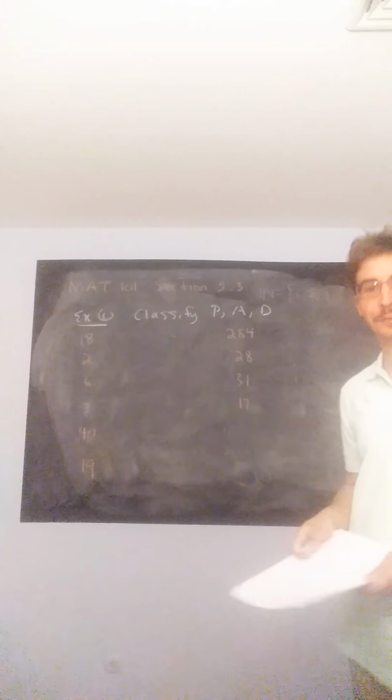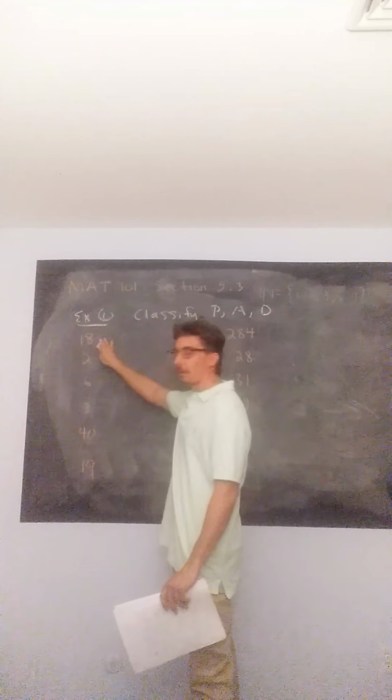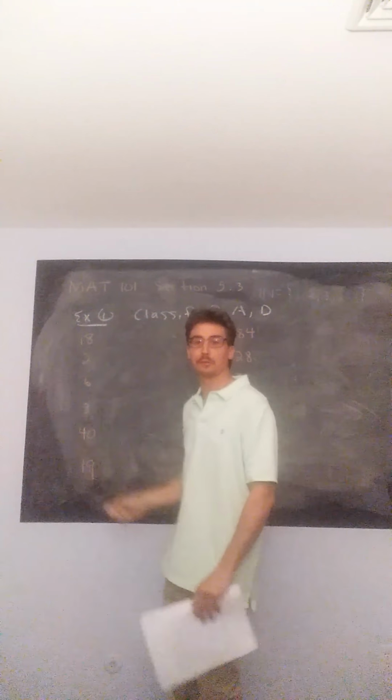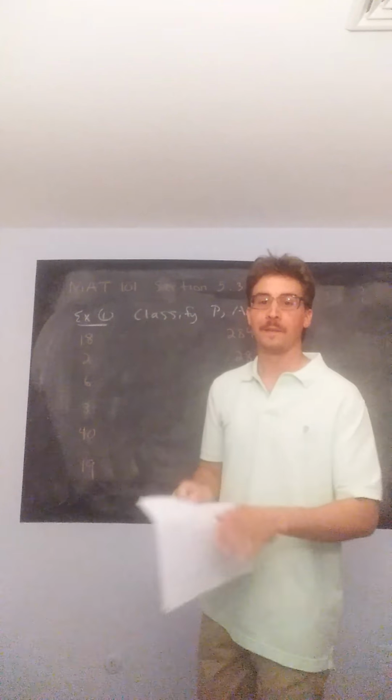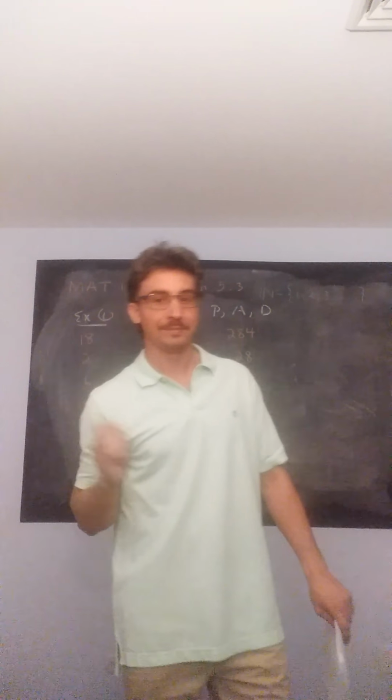So what I'd like you to do is go ahead and tell me, are these numbers either perfect, abundant, or deficient? So now is a good time to pause this video, go ahead, figure it out, and we'll come back and discuss it.